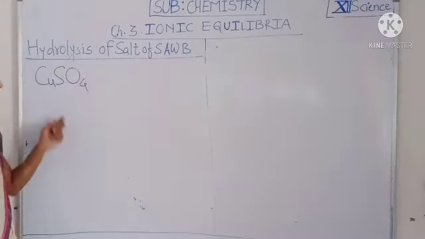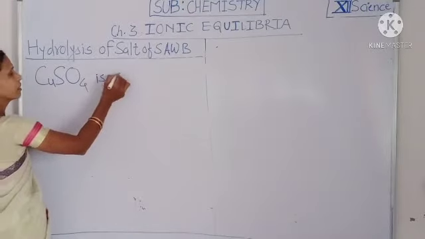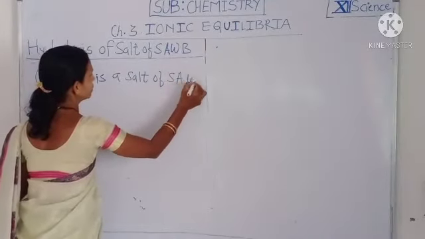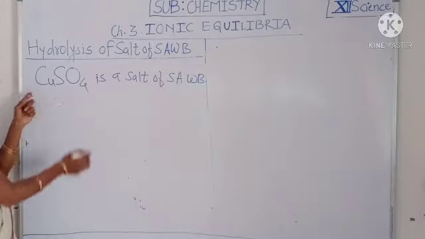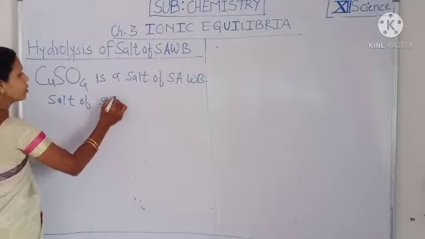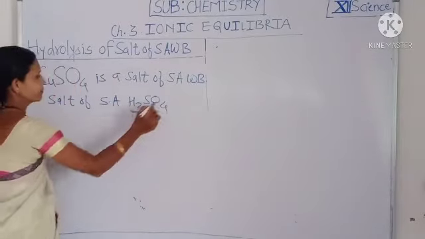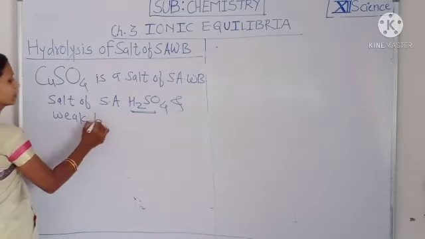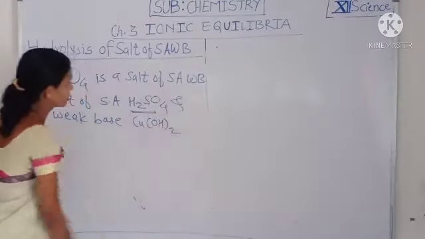CuSO4. See here, CuSO4 is a salt of strong acid, weak base, and here it is a salt of strong acid, that is H2SO4, sulfuric acid, and weak base, that is Cu(OH)2.